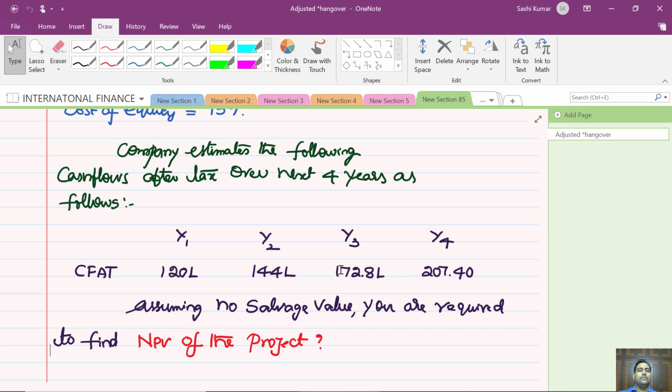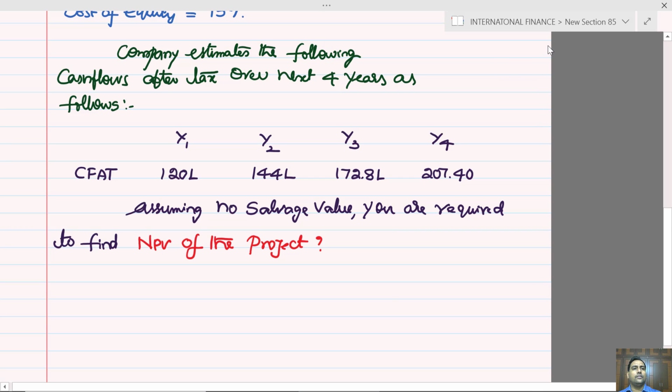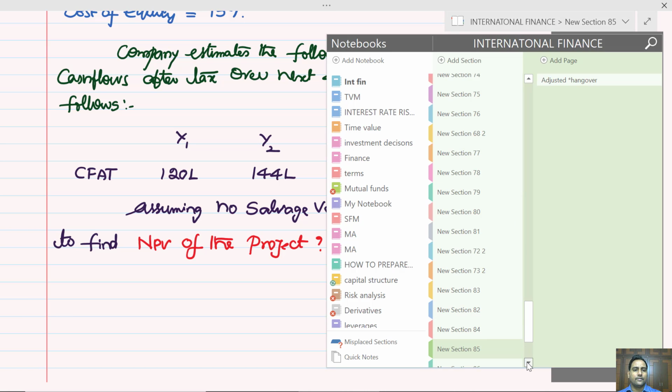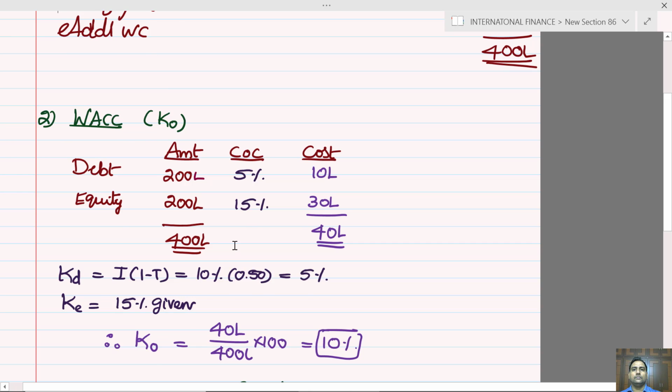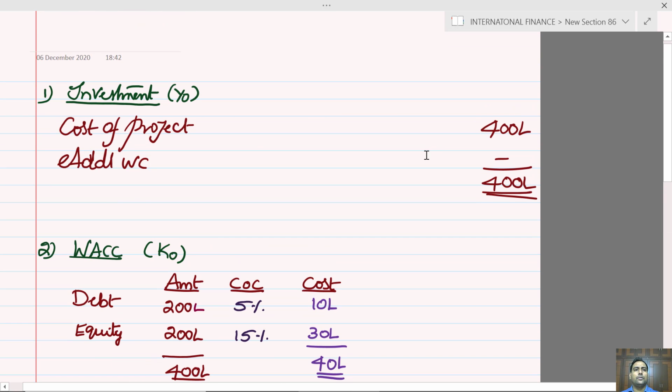First of all, we have to estimate the investment amount. How much money that is going to be invested. See this? So cost of the project here 400 lakhs. Sometimes we require working capital.